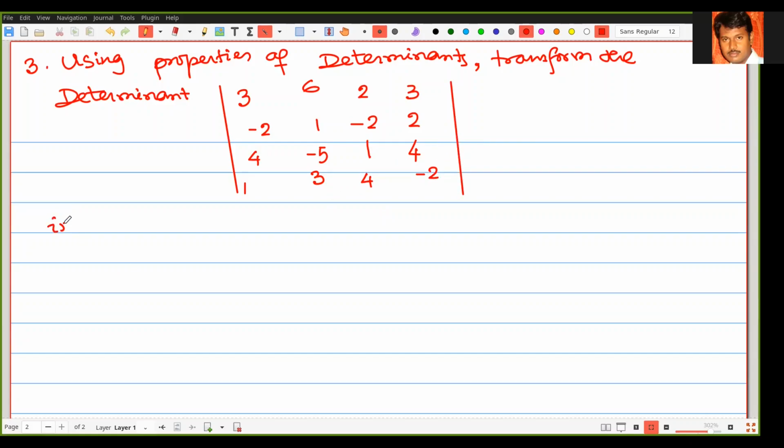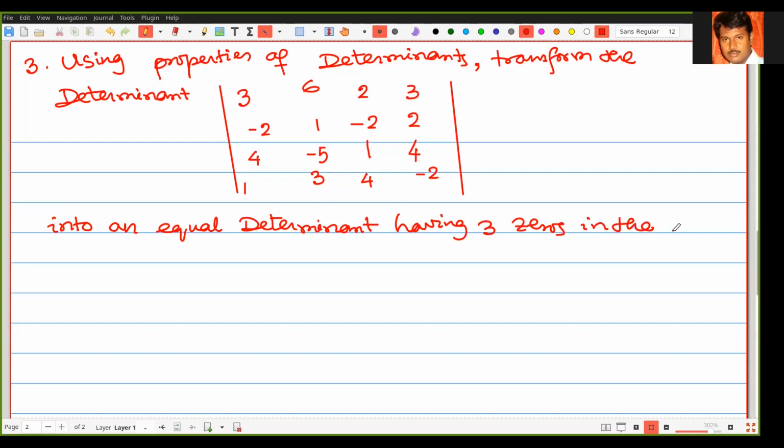into an equal determinant having 3 zeros in the fourth row. So the problem is near about the same type.